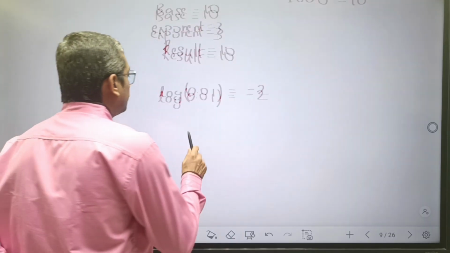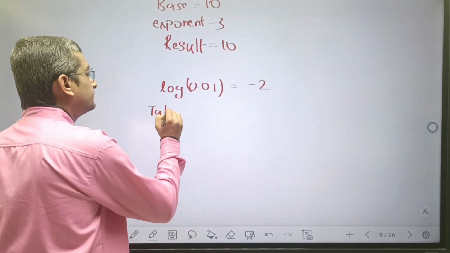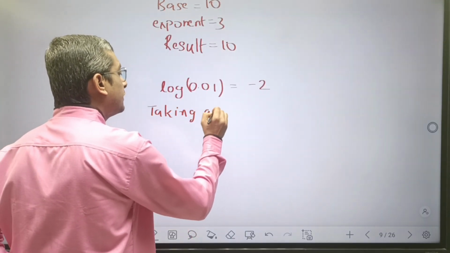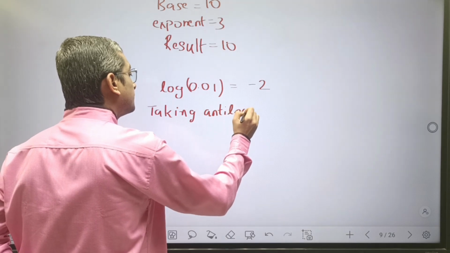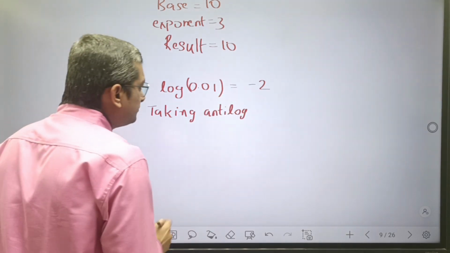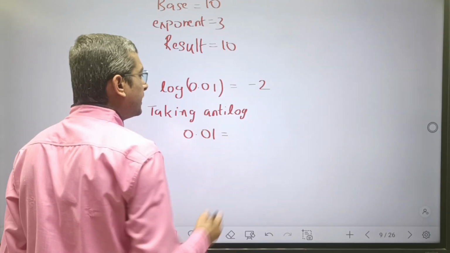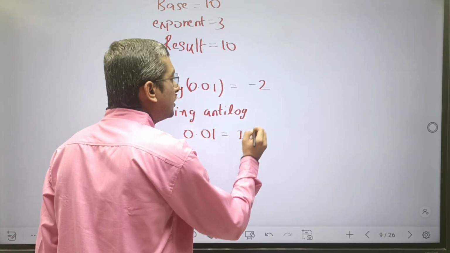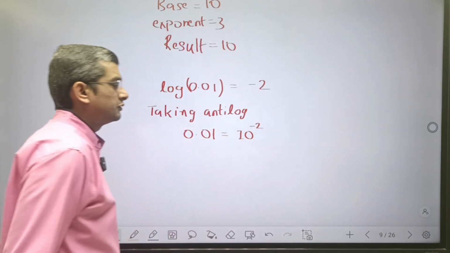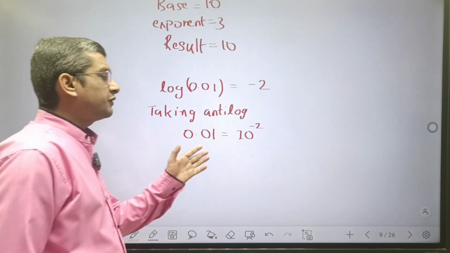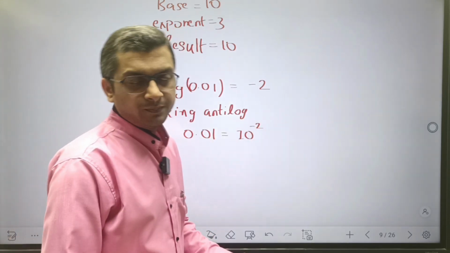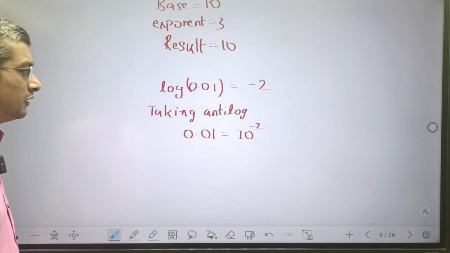So the power is minus 2. Now taking the anti-log, we remove the term log and are left with 0.01, the base is 10, and the power is minus 2. So the expression is 0.01 is equal to 10 to the power minus 2. This is how we take the anti-log, isn't it?